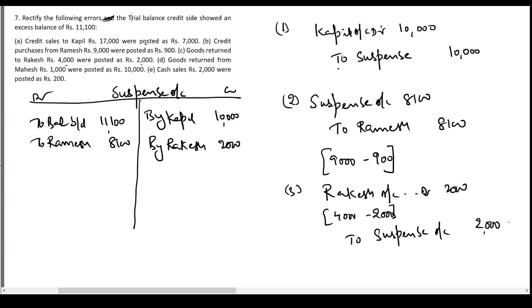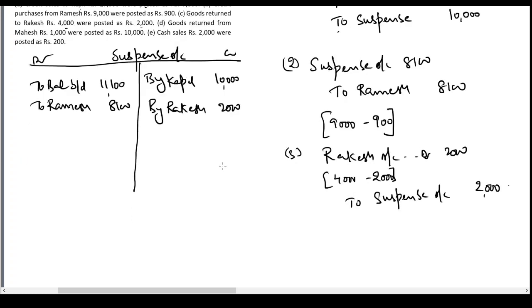Next, goods returned from Mahesh, rupees 1,000 were posted as rupees 10,000. Goods returned from Mahesh means Mahesh is returning goods. When will Mahesh return goods to us? When Mahesh has bought goods from us, we have sold goods to Mahesh, and now we are getting the goods back from Mahesh. So we should pass the entry sales returns account debit to Mahesh account. Mahesh account should have been credited with 1,000, but we have credited him with 10,000. We have credited more by 9,000. So now how to rectify the error?